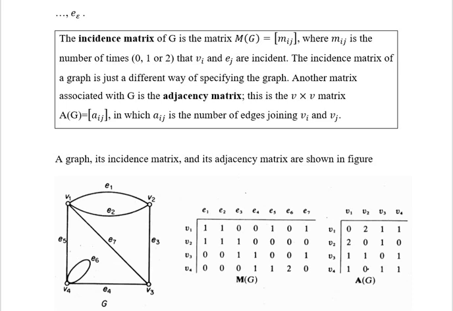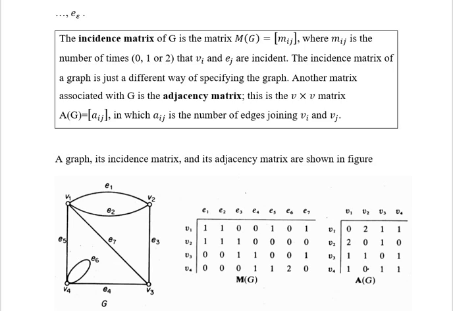Now, if you observe the second matrix, it is denoted as A of G, which indicates the adjacency matrix. From this matrix, we get an idea of which vertices are adjacent to which vertices.